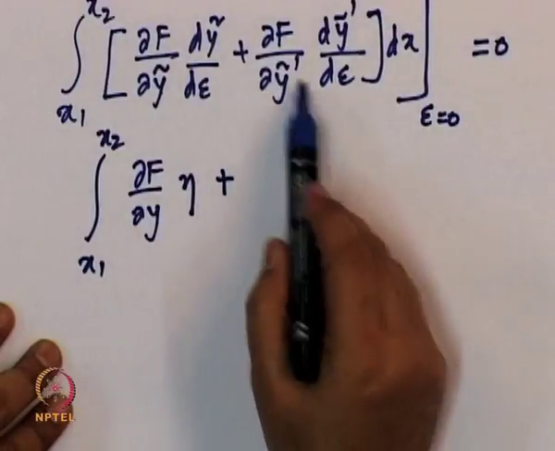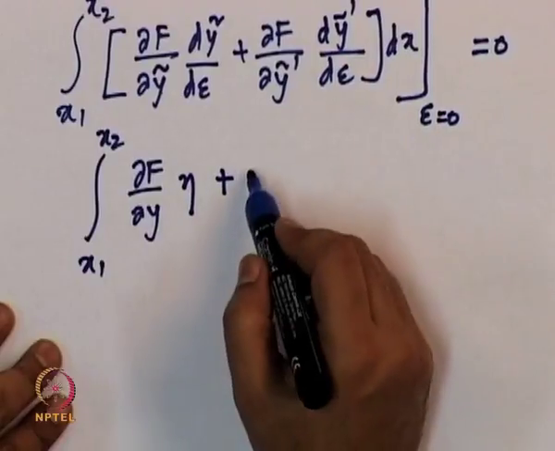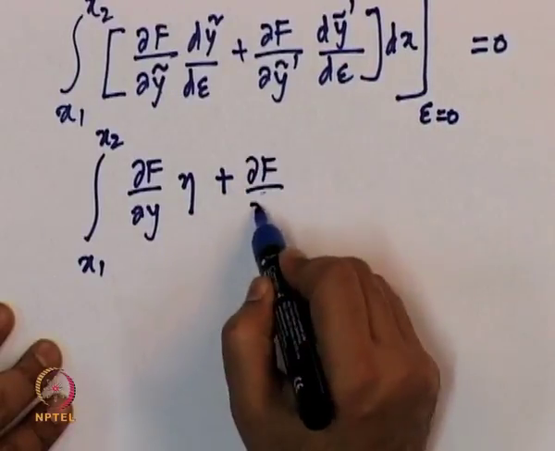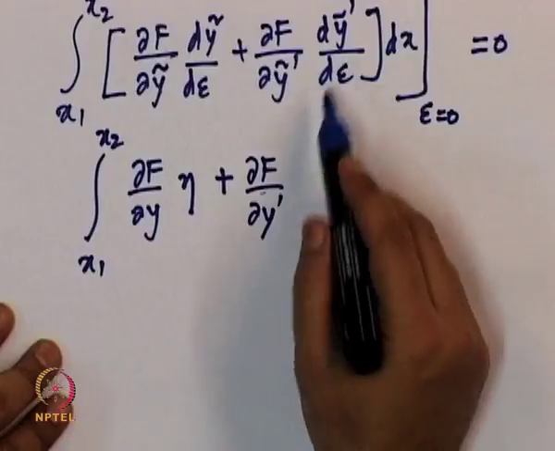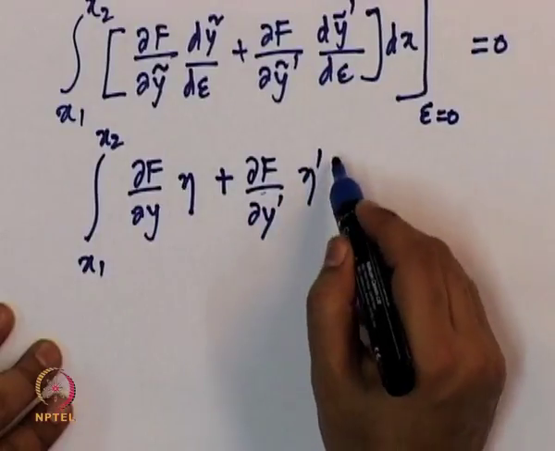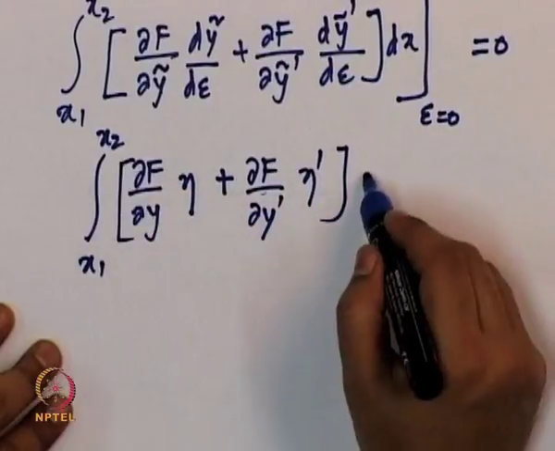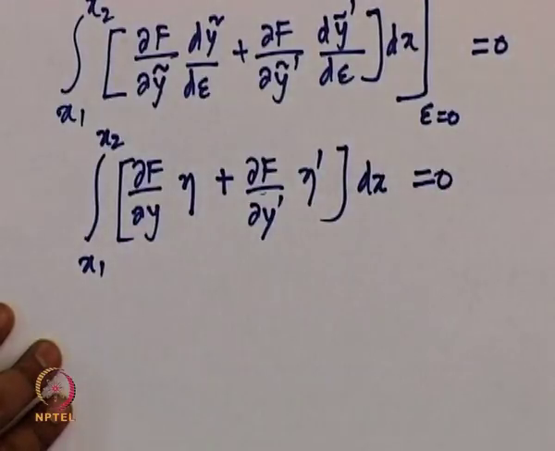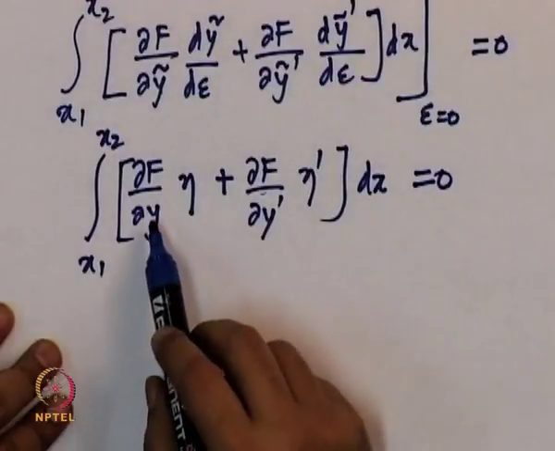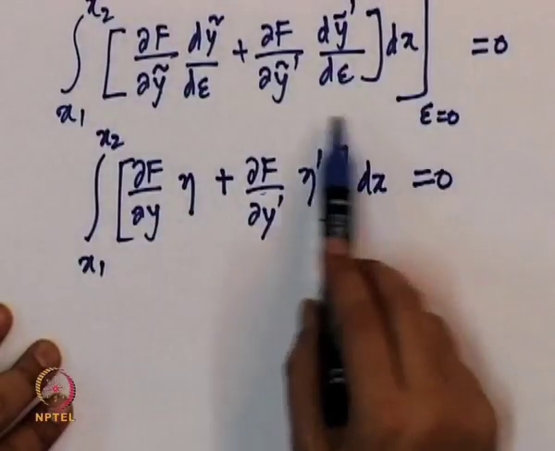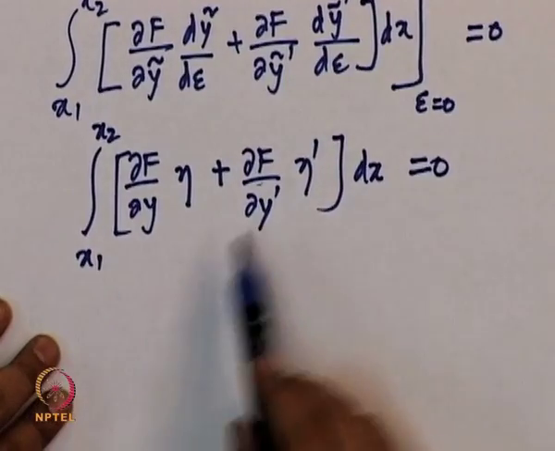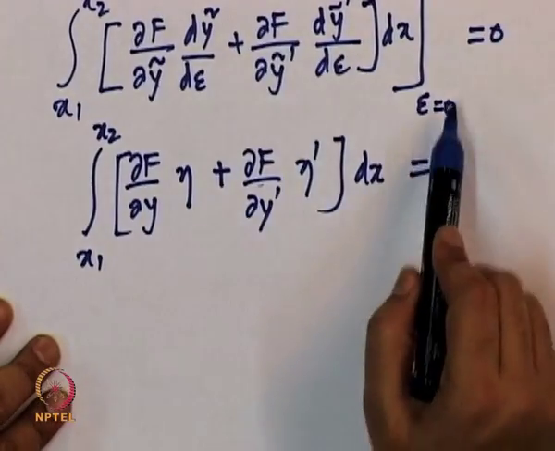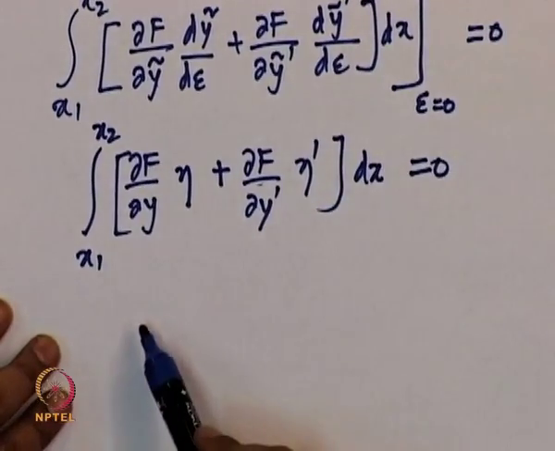Similarly, y tilde prime will become y prime, dou f by dou y prime, and this will be eta prime dx, that should be equal to 0, right. So, we have implemented the condition that this has to be evaluated at epsilon equal to 0 for the extremum, and that gives me this function.